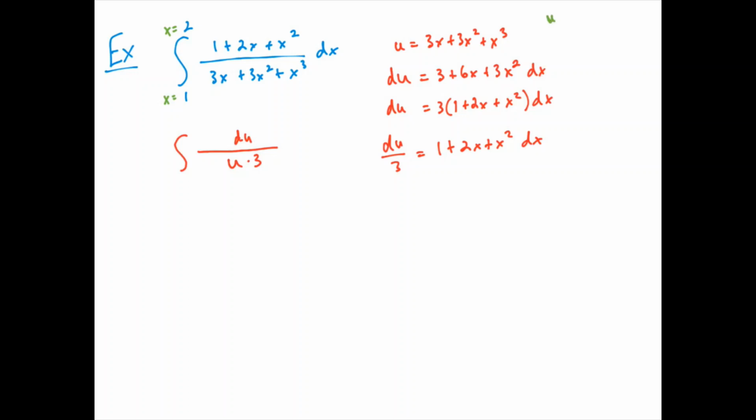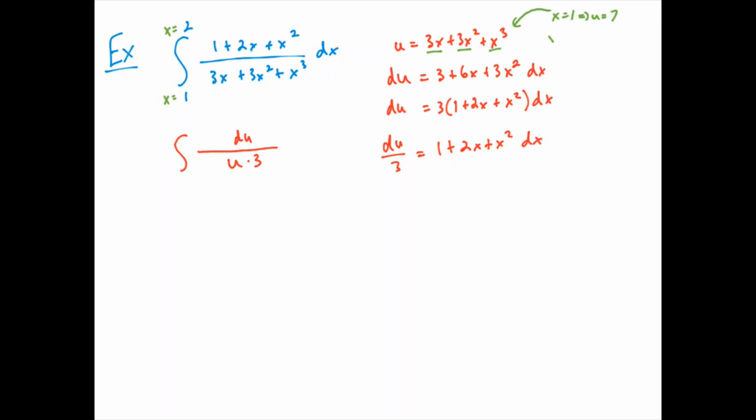So when x is 1, what does u become? So I have 3 times 1 is 3, 3 times 1 squared is 3, 1 cubed is 1. So when x is 1, I get a u value of 7.